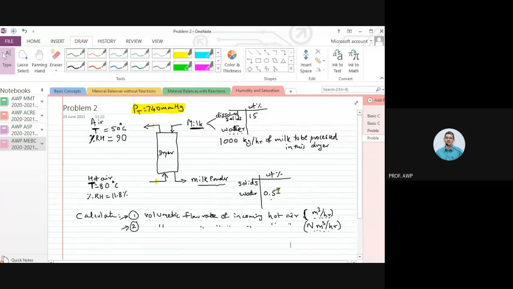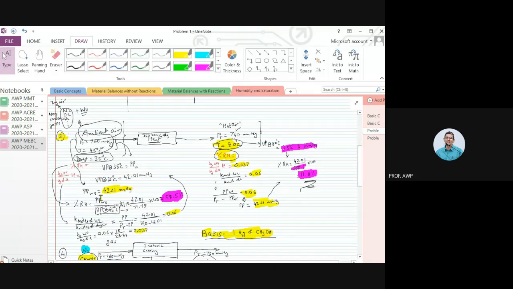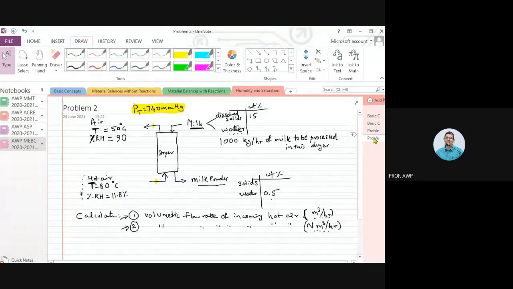The reason I'm taking this hot air is because you already have the values of things like humidity, kilomoles of water vapor per kilomole of dry air. All those things are there from this problem. So use those values so that we don't have to do the same calculation again and again. Or perhaps I should have changed the temperature and relative humidity.